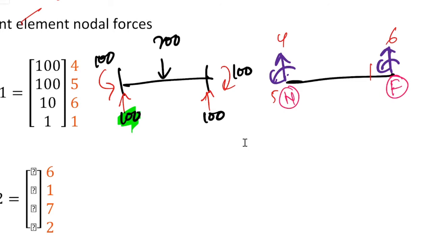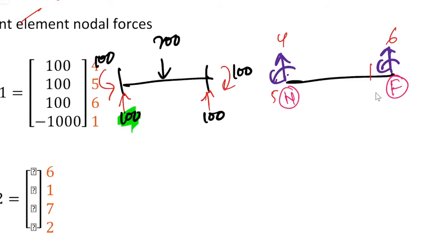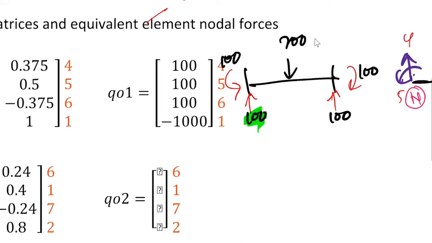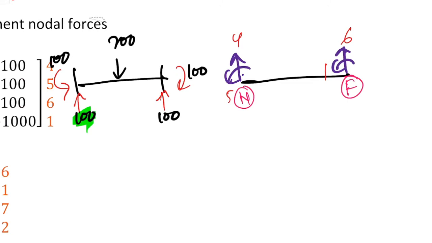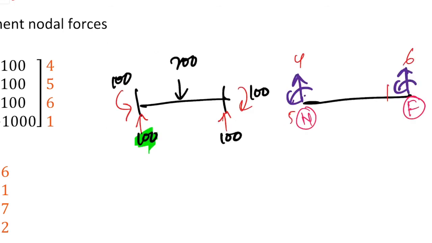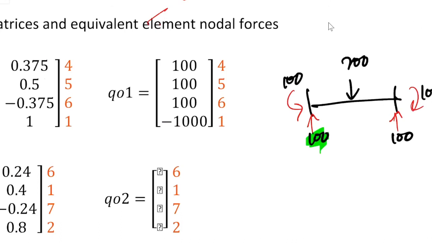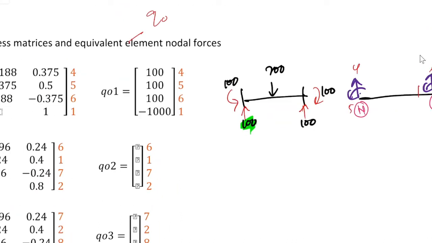And position number 1 is in the opposite direction, so we need to put negative. Okay, this is Q naught 1.